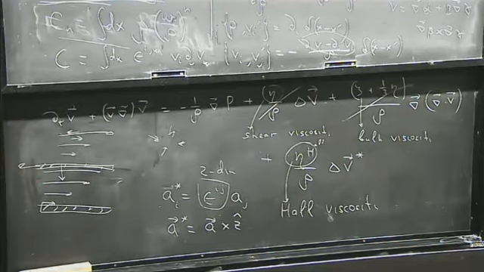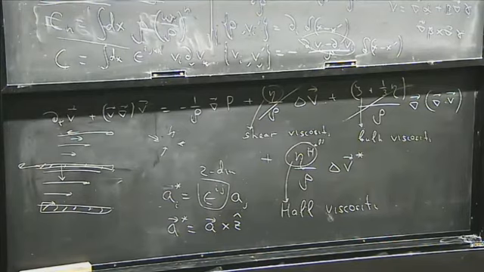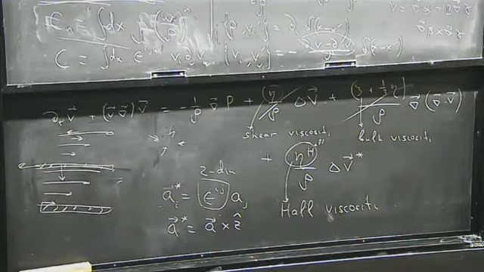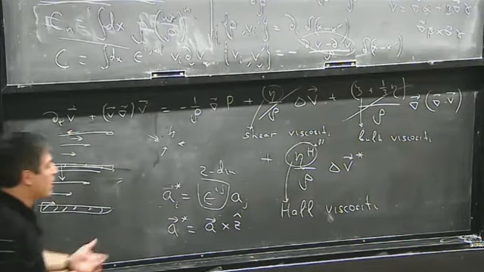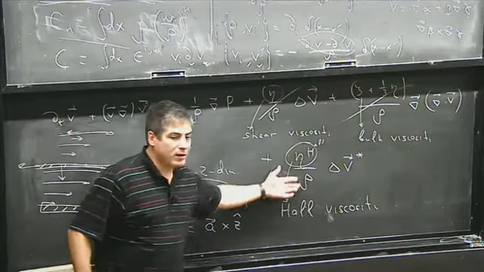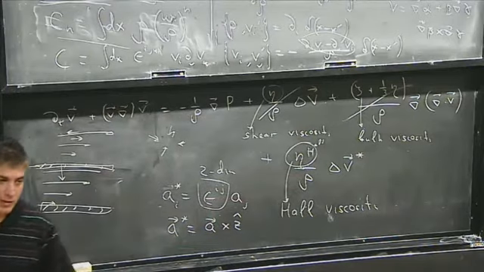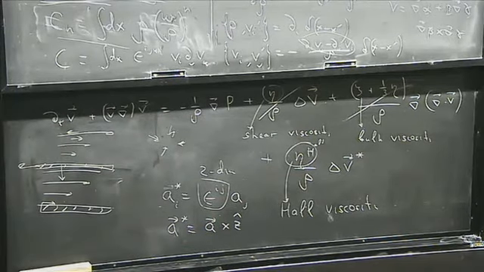There must be some system where parity is broken, and for this, either there should be some helicity. For example, the molecules should be like spirals, which are aligned in some direction, or you can have external magnetic field. So the terms of this type were known in magnetohydrodynamics for a long time. So in a plasma and magnetic field, they were not even put as something special or additional.